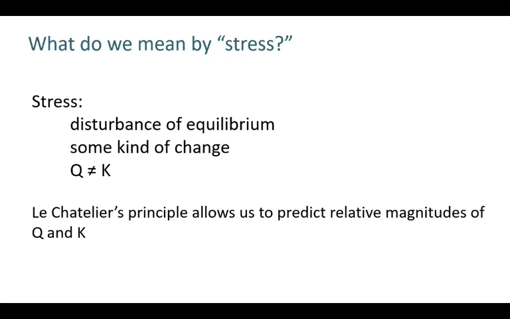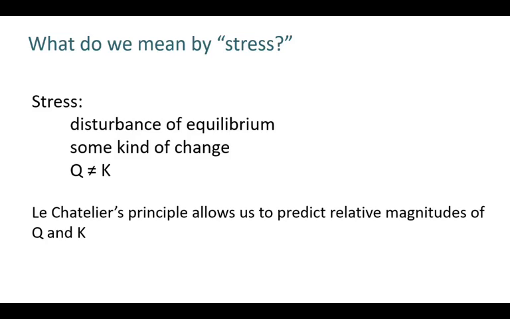So what do we mean by stress? A stress is any kind of disturbance to an equilibrium system. So you have a solution and it's there at equilibrium, minding its own business, and you add something or you change something so that Q is no longer equal to K. So the system is no longer at equilibrium.